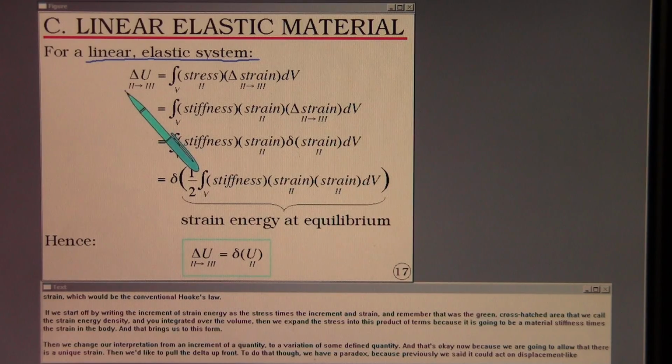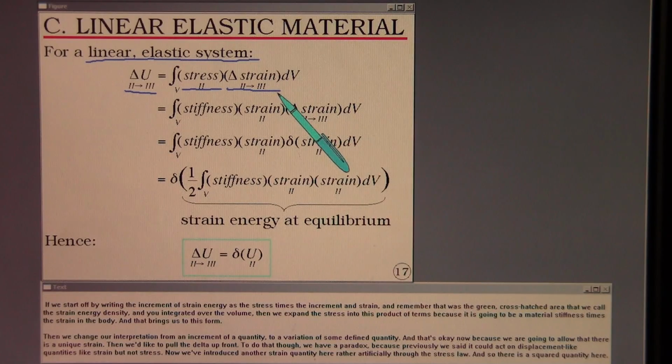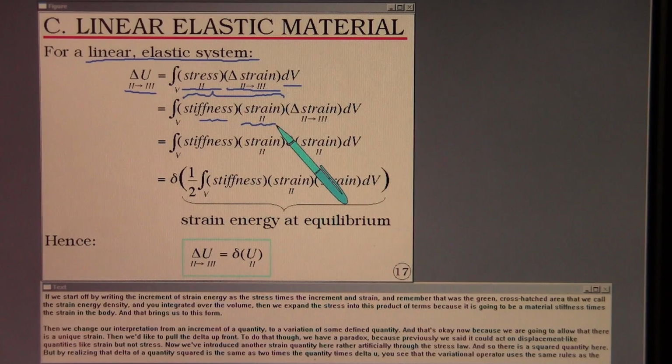If we start out by writing the increment of strain energy as the stress times the increment in strain, and remember that was a green cross-hatched area that we call the strain energy density, and you integrate it over the volume, then we expand the stress into this product of terms because it's going to be a material stiffness times the strain in the body, and that brings us to this form.